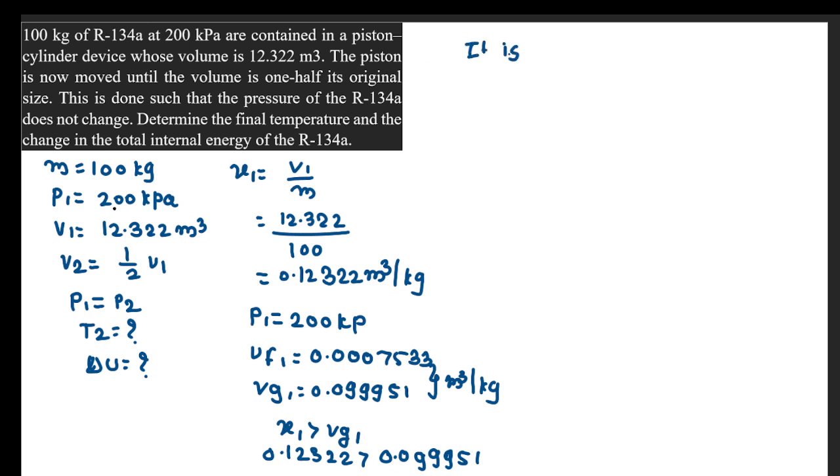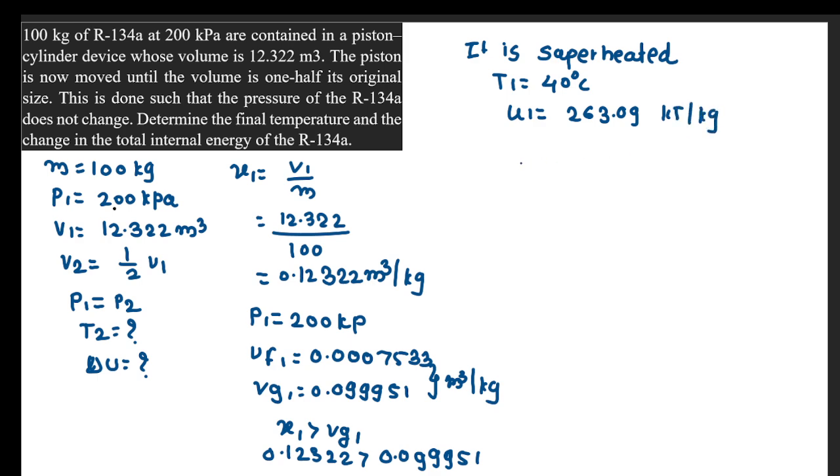From the superheated steam table, we can find out temperature T1 as 40 degrees Celsius, and we need to find out the change in internal energy. So we will get a specific internal energy u1 as 263.09 kilojoule per kg.